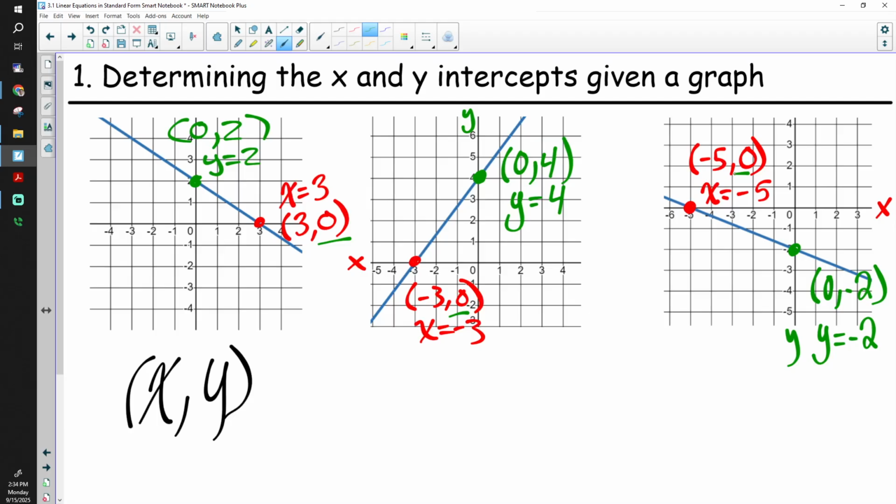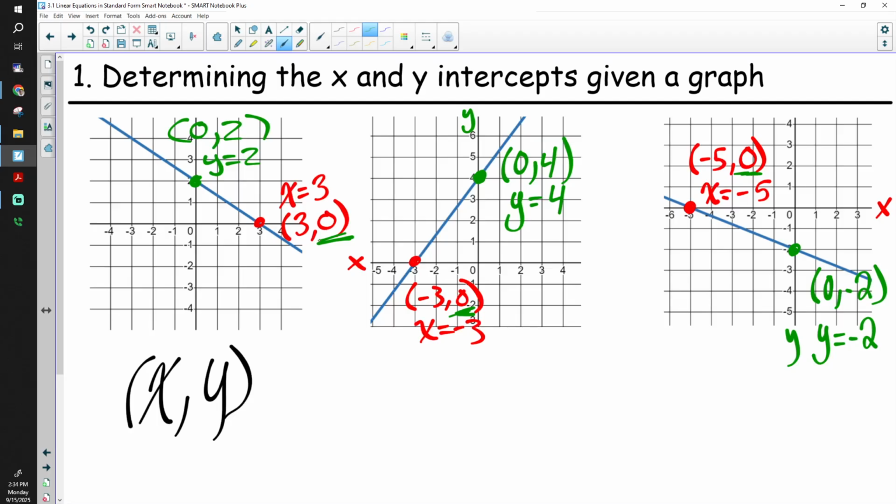Do you see how all of the intercepts for x, their y value is always 0? X-intercepts have a y value of 0 every time. So, what do you notice about the y-intercepts? The x value is always going to be 0.